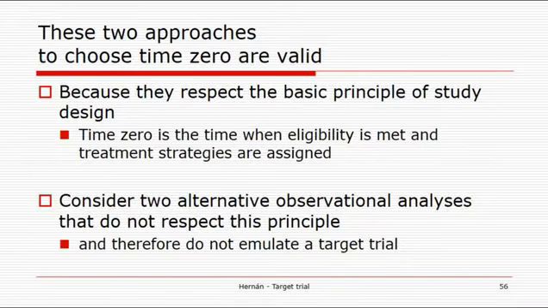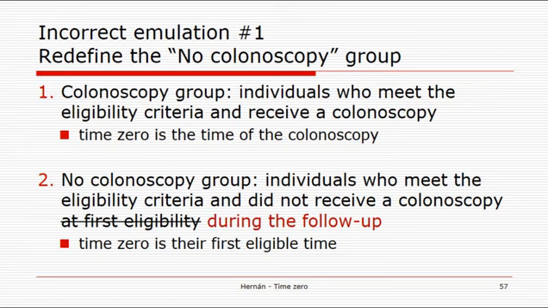I'm going to show you now how analyses that didn't respect this basic principle of causal inference design didn't get the right answer. Let's say you read a paper that says, we put in the colonoscopy group the same people, but now we put in the non-colonoscopy group individuals who meet the eligibility criteria and did not receive a colonoscopy during the follow-up.